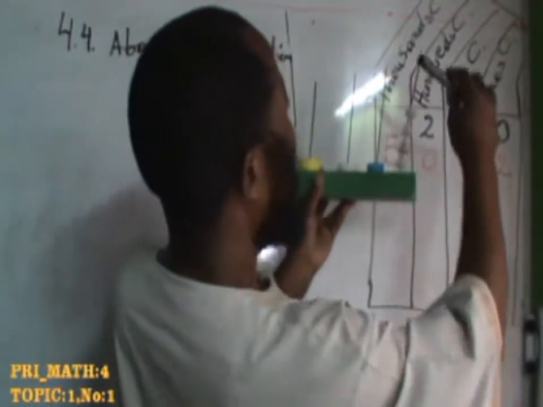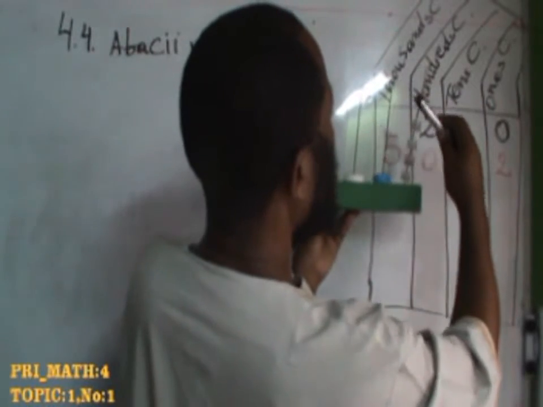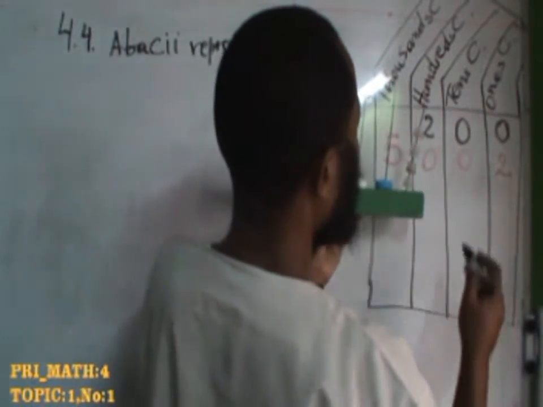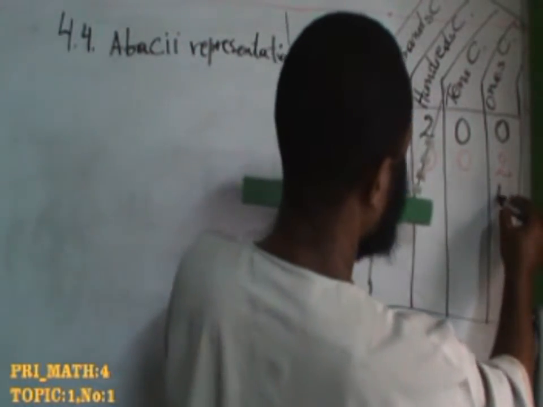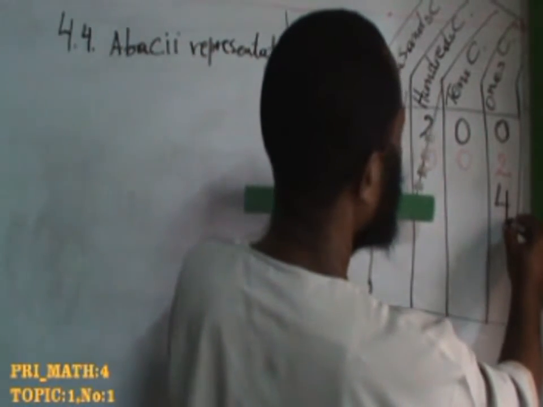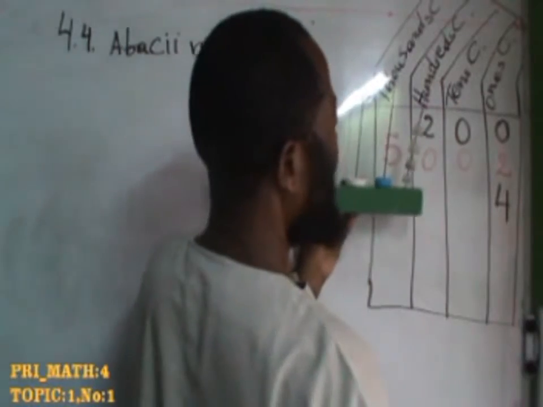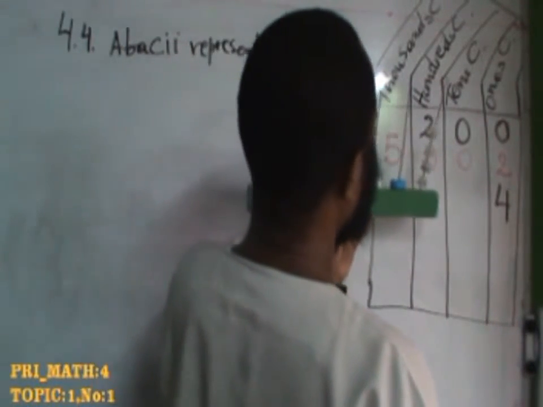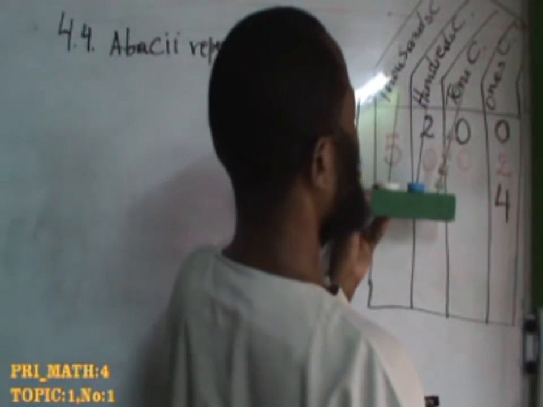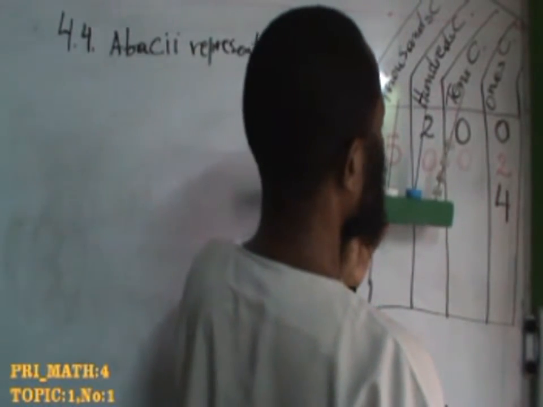You said that our first X will be for ones. So 1, 2, 3, 4. We put 4 in our ones column.